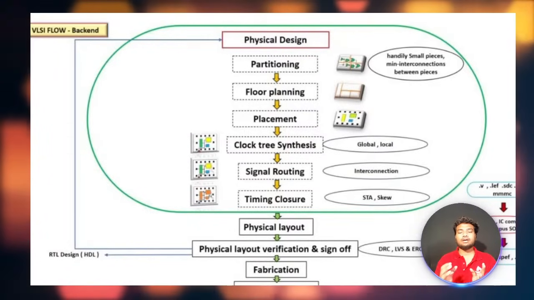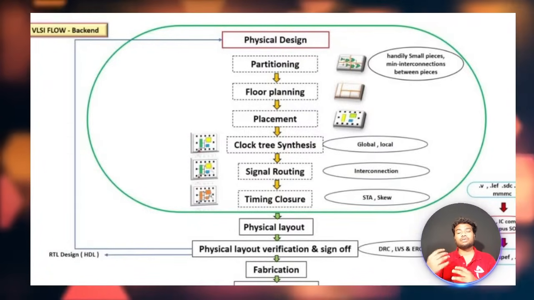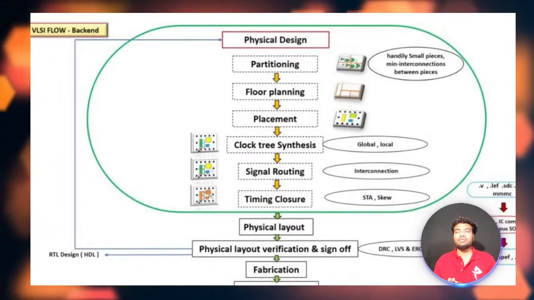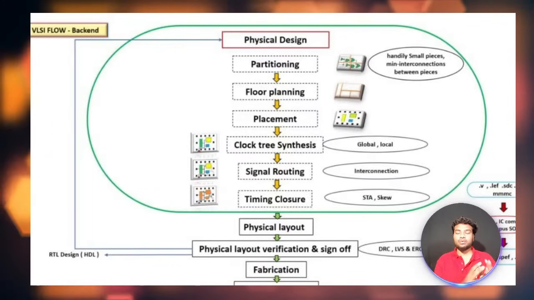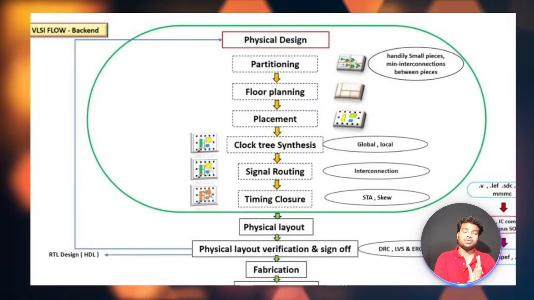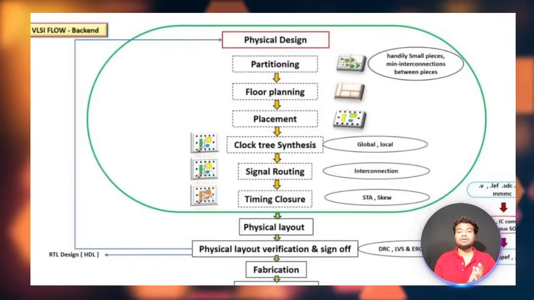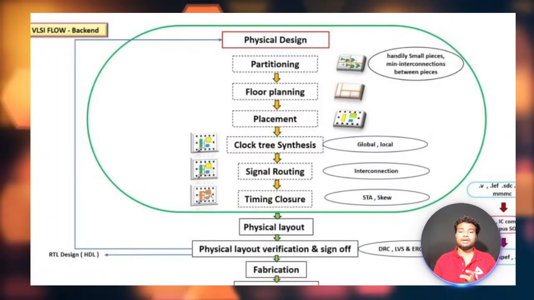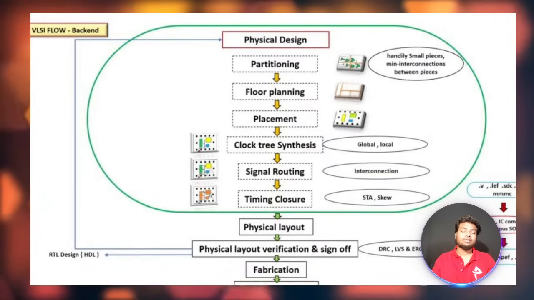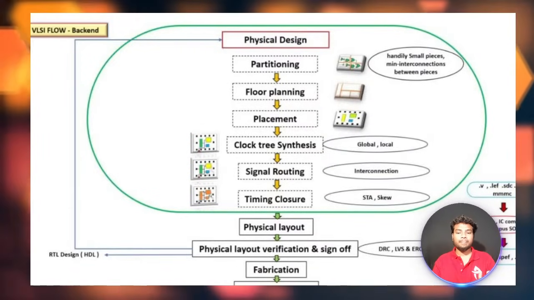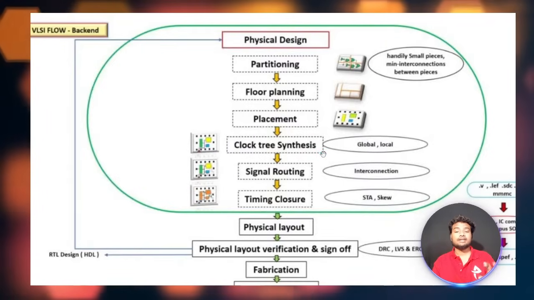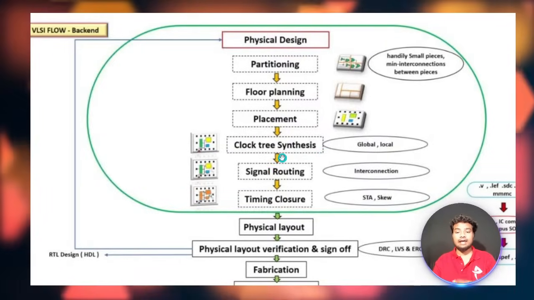Each and every block works based on a different frequency of clock. Different frequency of clock means we have to separate that. We have only one input for the clock, so we have to divide the clock, increase the clock frequency, or decrease the clock frequency with respect to the block. Why? Because each and every block works based on its own clock frequency. For that they will do that kind of clock related things in the stage of clock tree synthesis.